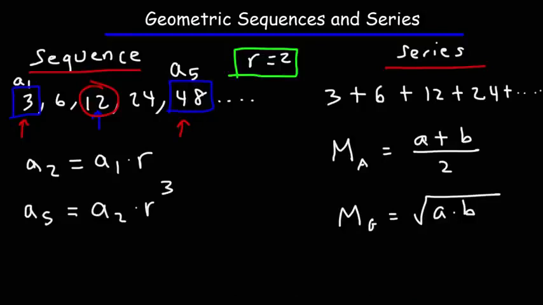To go from the second term to the fifth term, you need to multiply it by r 3 times. If you multiply 6 by r, you're going to get 12. If you multiply 12 by r, you get 24. 24 by r, you get 48. So to go from the second term to the fifth term, you need to multiply by r cubed. And the reason why it's cubed is because the difference between 5 and 2 is 3.